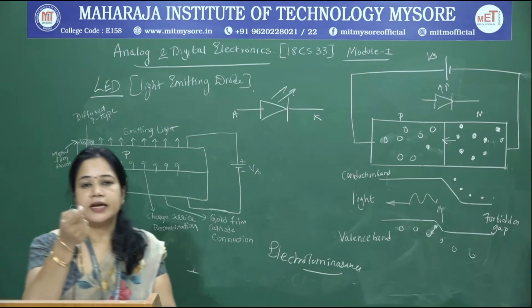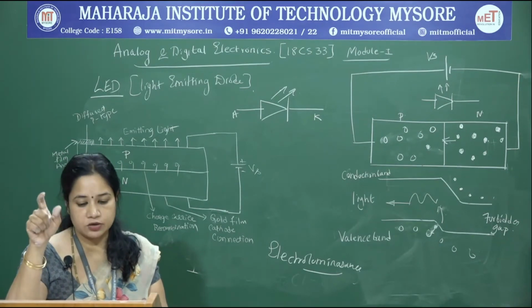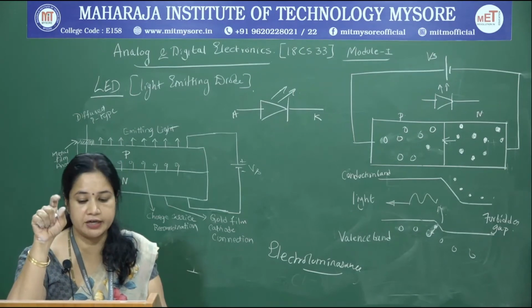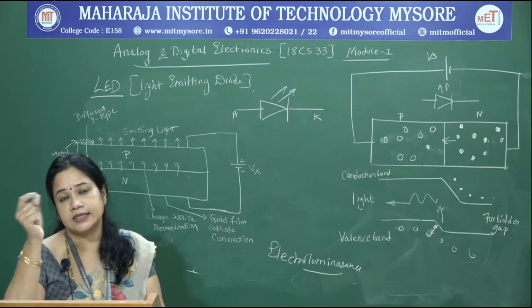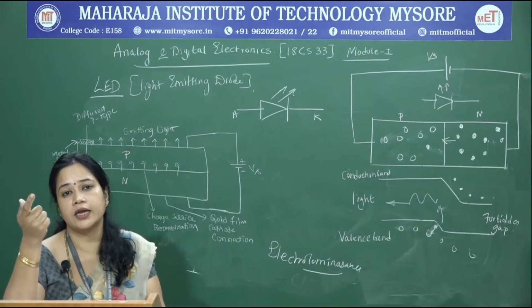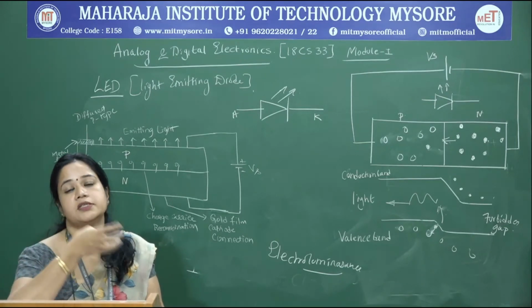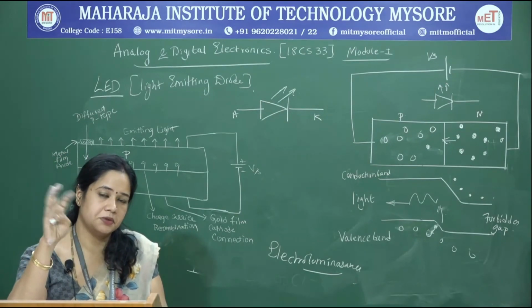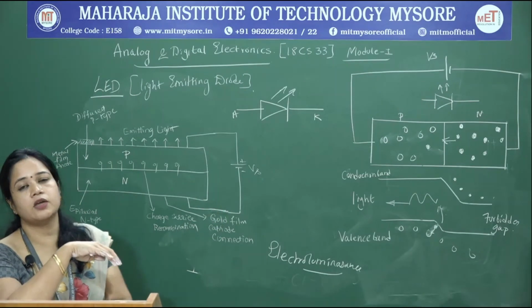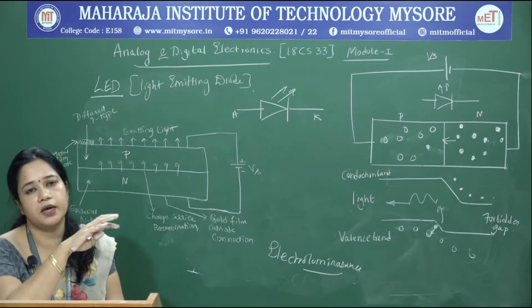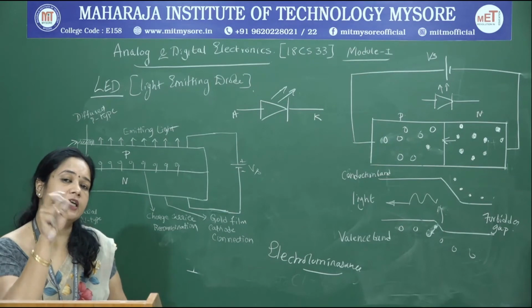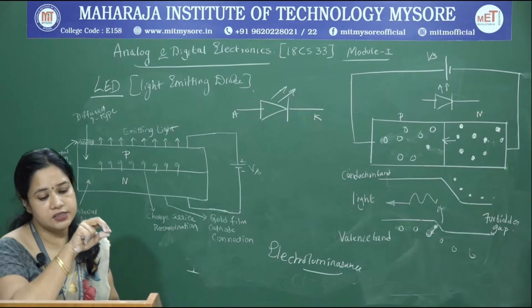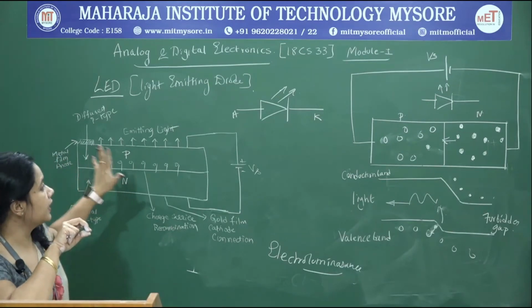So you use light emitting diodes in remote control systems, in calculators to display the status of data, in digital computers to indicate the status of a signal, whether it is low or high, and in various digital displays and traffic signals. In all these scenarios you are making use of one or the other type of light emitting diode, wherein you are indicating it as a display. So you are basically using light emitting diodes as a display. So with this we complete light emitting diodes.